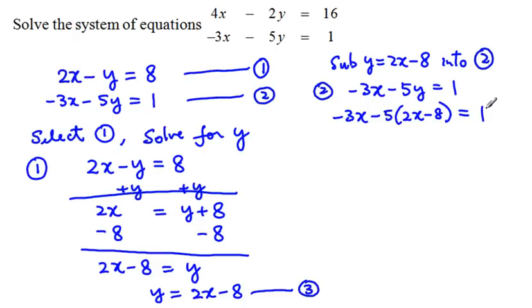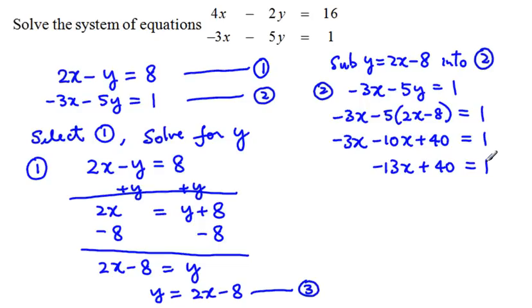Now we got an equation with one unknown. So let's continue to simplify. We have negative 3x minus 10x plus 40 equals 1. Continue to simplify the left side, we get negative 13x plus 40 equals 1.